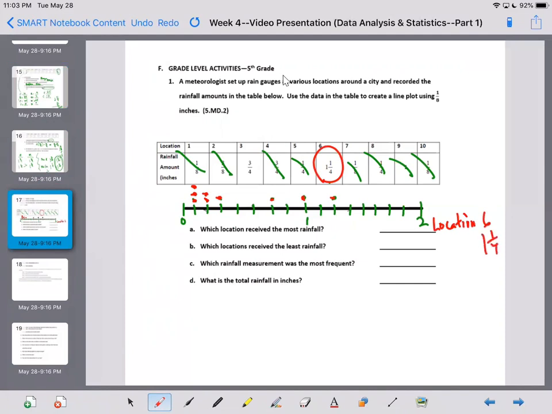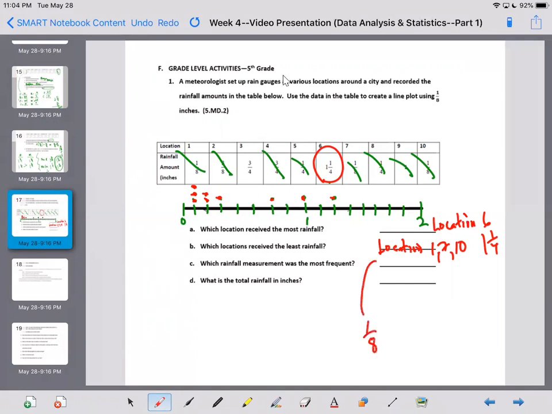Which location received the least? We would say location 1 and location 7 and 10. They all had 1/8. What we see that was the most frequent, we saw that that was 1/8 inch.